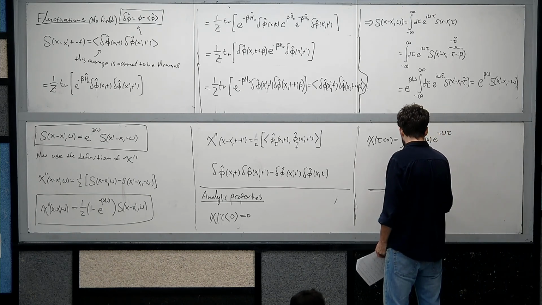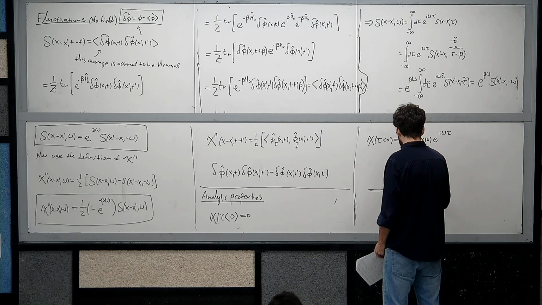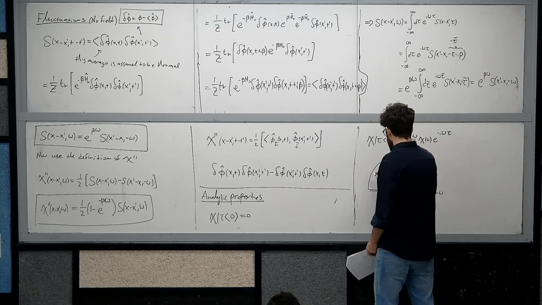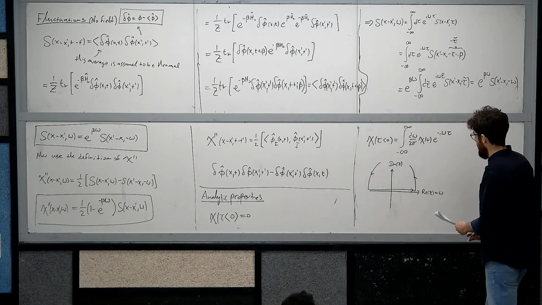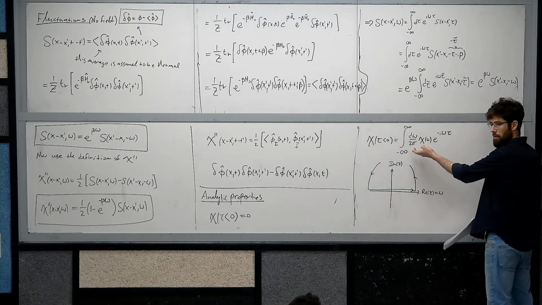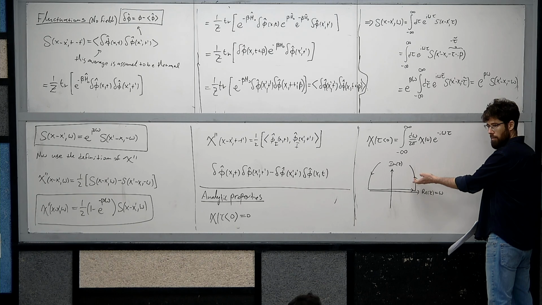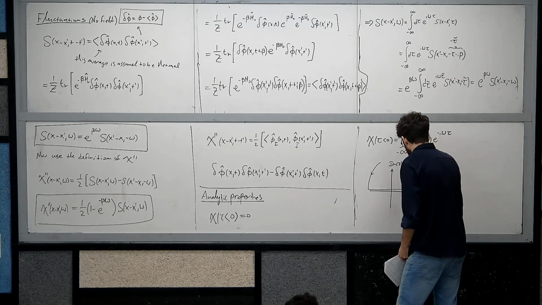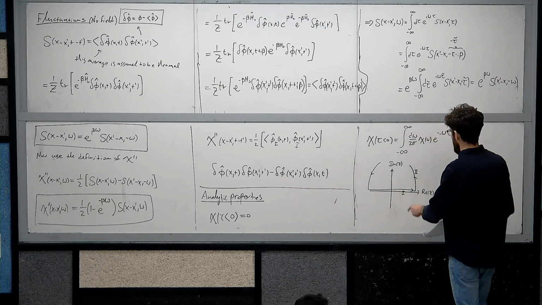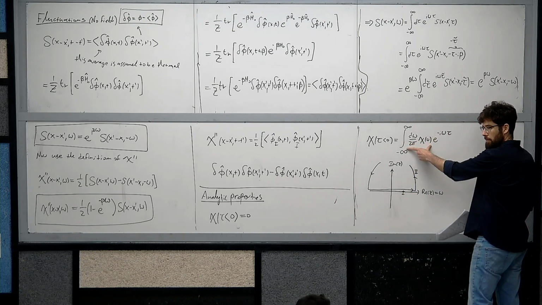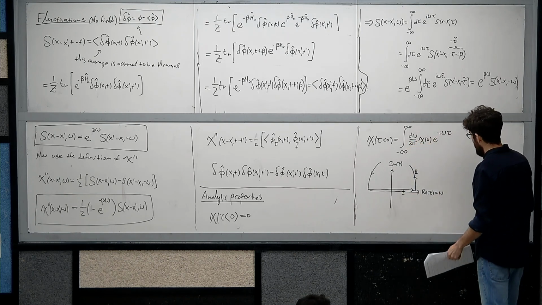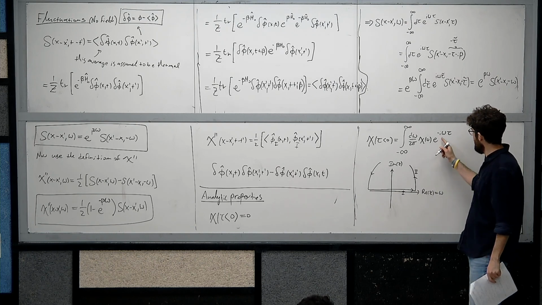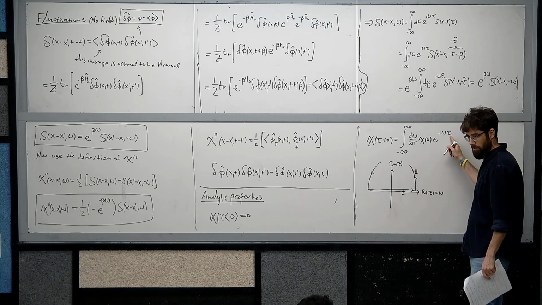So what I claim is that I can complete this integral, I can add this segment to the integral. Let's call this segment 1 and this segment 2. So this is basically segment 1. But I want to argue that segment 2 is also 0 because tau is negative.